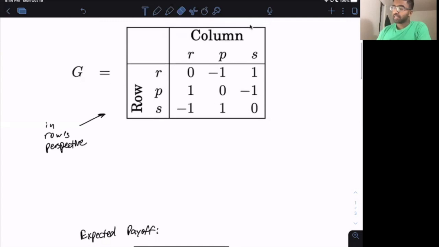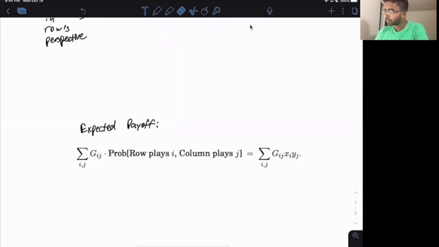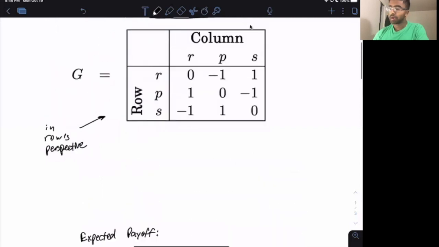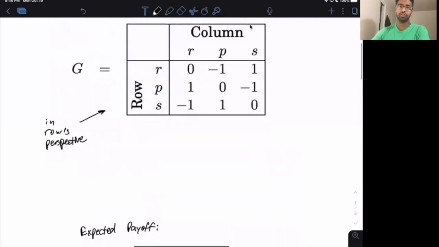So to find the expected winnings from this game, we just take the expected value over all 9 possibilities here. And so we get this expression right here. Here, xi is the probability that row plays element i, and yi is the probability that column plays element i, right? And g sub ij is the winnings from that outcome.